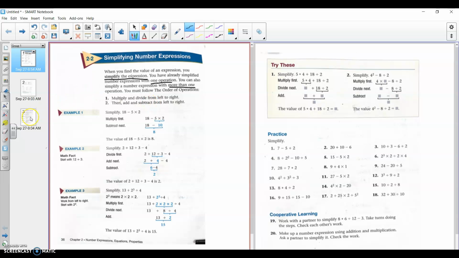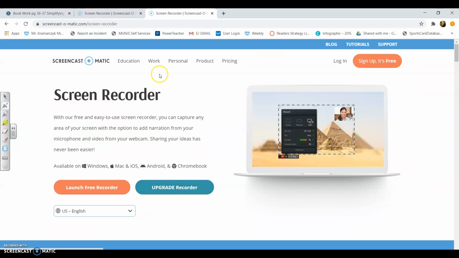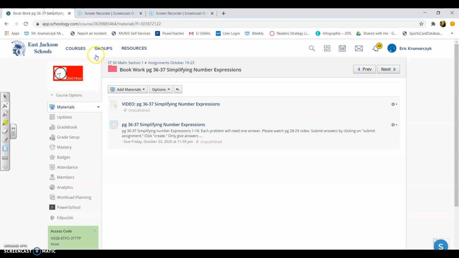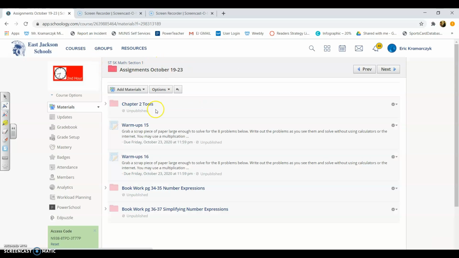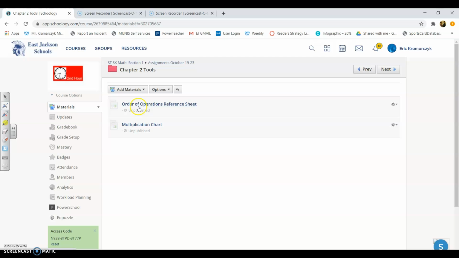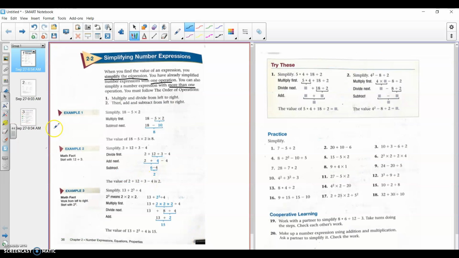today. The first thing that you're going to have to do is in your Chapter 2, I'm going to show you right now. If you go to the assignments list page, you are going to find the Chapter 2 tools folder. If you click on there, you'll see this order of operations reference sheet, and it will look like this here.